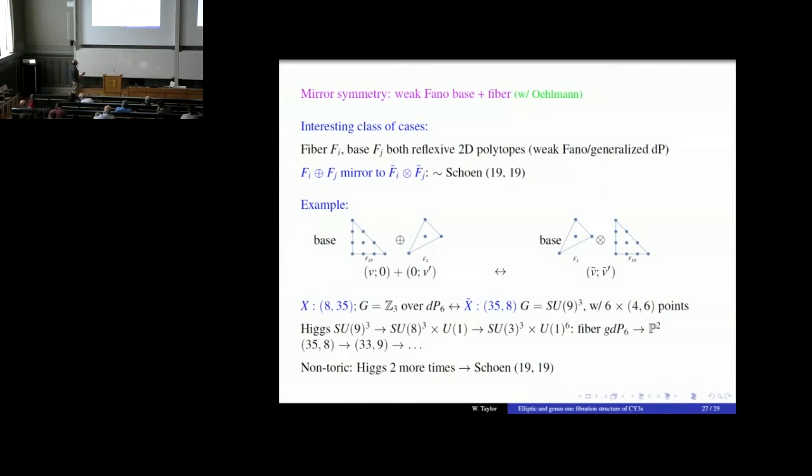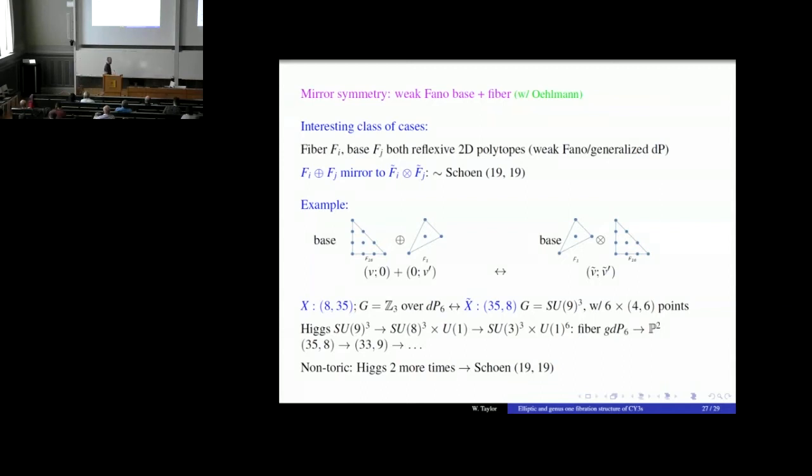All of these are really secretly over DP9, so these are really special cases of tuned Weierstrass models associated with the Schoen 1919 case. So we can keep Higgsing these all the way down, basically until we get to the Schoen. The last one, the SU2 cubed cross U1 to the 7th, is not visible torically, but we can keep Higgsing down and we get the Schoen.